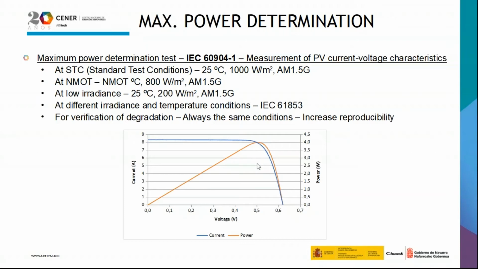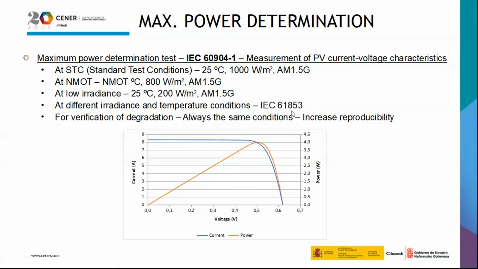First thing I want to mention is that there are many different conditions in which the maximum power can be measured. Most typical is the STC, the standard test conditions: 25 degrees, 1000 watt per square meter, and the spectral distribution of AM 1.5. But you can also measure at different conditions, at NMOT for example, at 800 watt per square meter, or at low irradiance, which will be 200 watt per square meter.